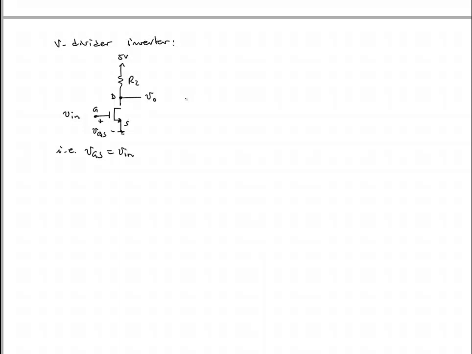So what do we have? We have two possible circuits here. If V in is less than V threshold, say that's 2 volts, then what we have is a voltage divider with an open switch, like infinite resistance. And we have VO would be equal to R1 over R1 plus R2, but R1 is infinite.